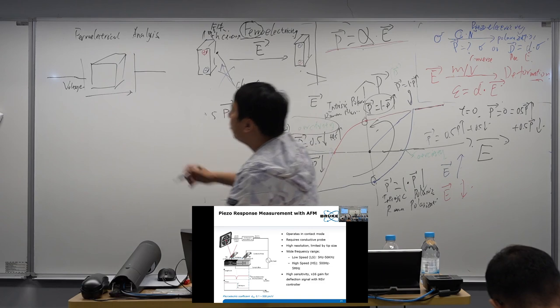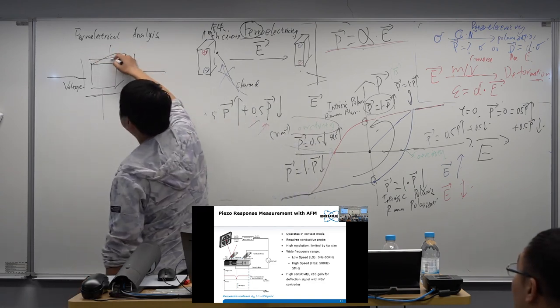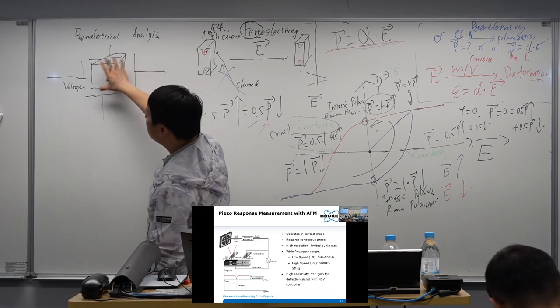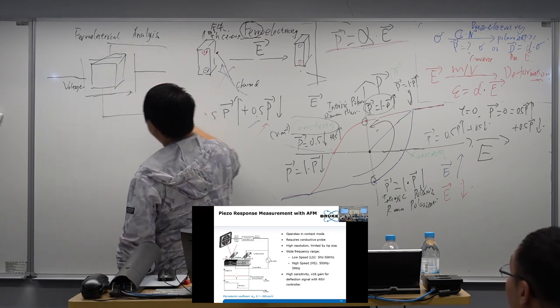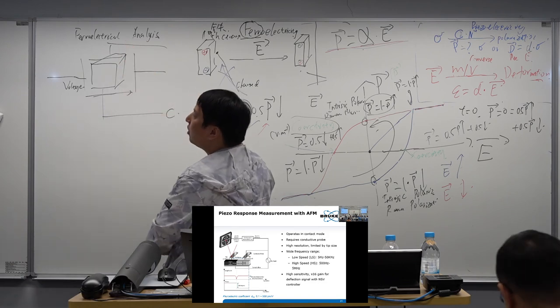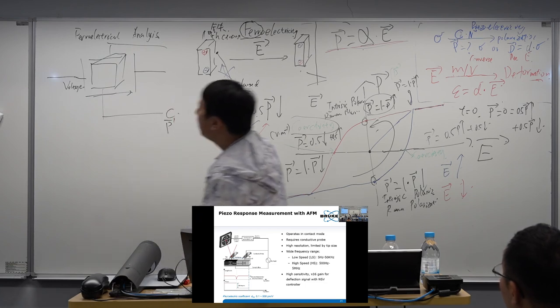When you change the polarization, it means we can use another capacitor to study the charge distribution on these crystals. So the capacitor in the other direction is used to study the polarization.